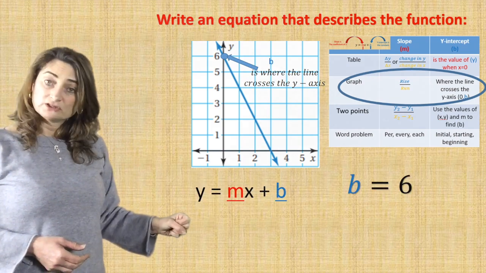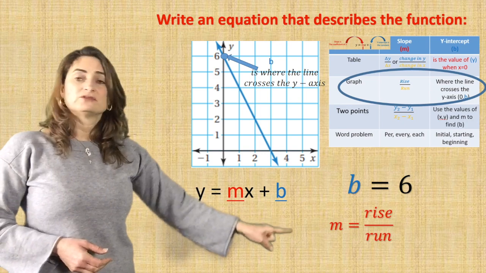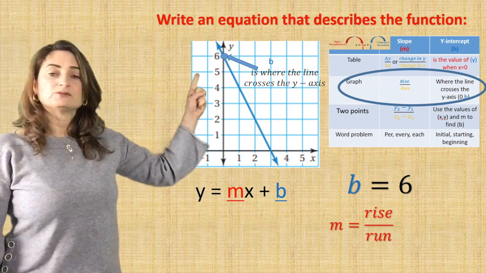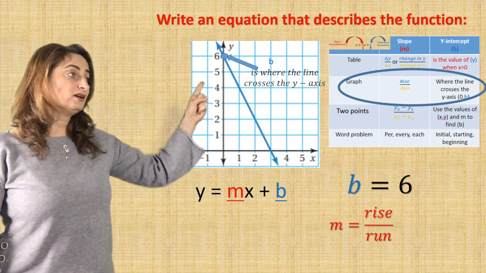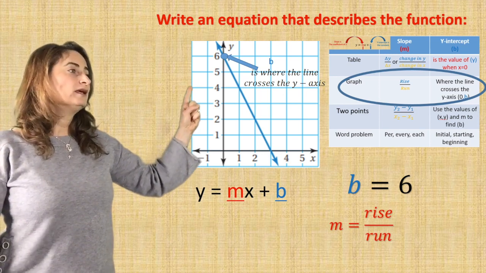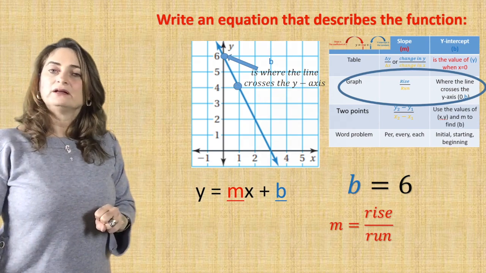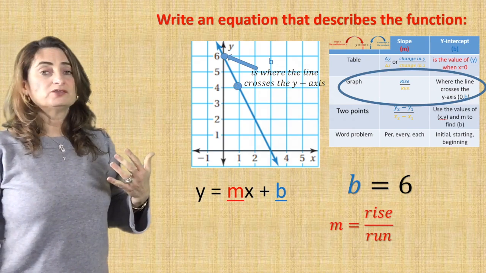Now I need to find the slope, and the slope is the rise over run using a graph. This time I am going to use the first point at 6 on the y-axis, and here's another dot on the line. Now we're going to do the rise over run.